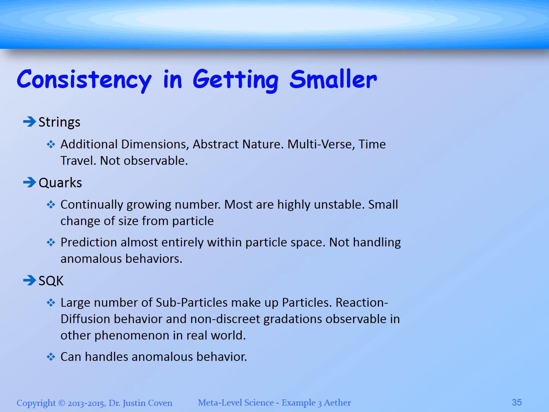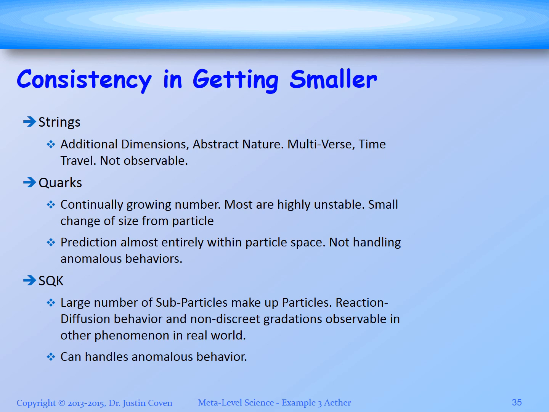Consistency in getting smaller. As we make a transition from one model or one state to another, for example, from gross matter to molecules, from molecules to atoms, from atoms to particles, and then from particles to the next smaller level, is the transition of a similar nature? Do the different models have similar properties?